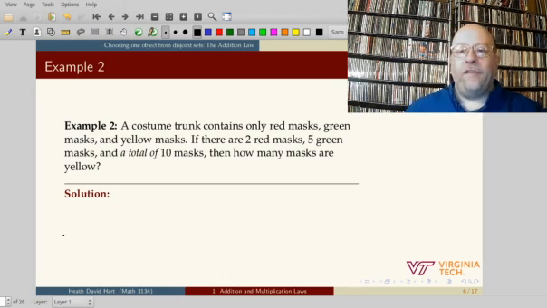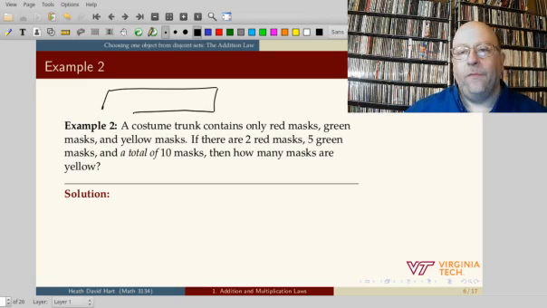So here's example 2. I have a costume trunk that contains only red masks, green masks, and yellow masks. We're told that there are 2 red masks and 5 green masks, and that there are a total of 10 masks. But it only has red, green, and yellow masks. How many yellow masks have to be there?